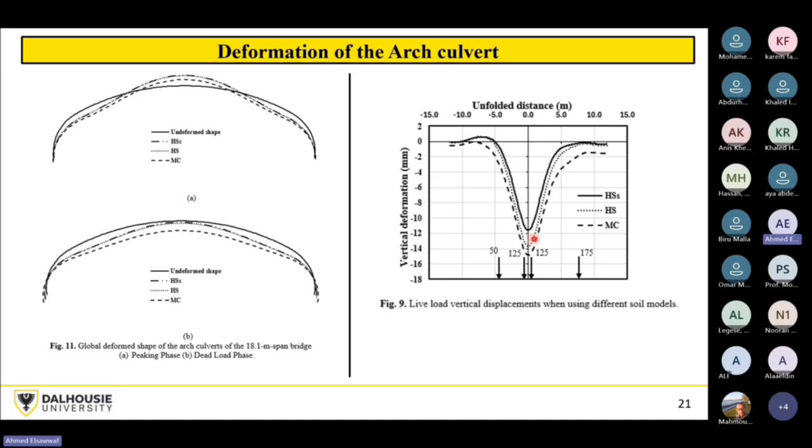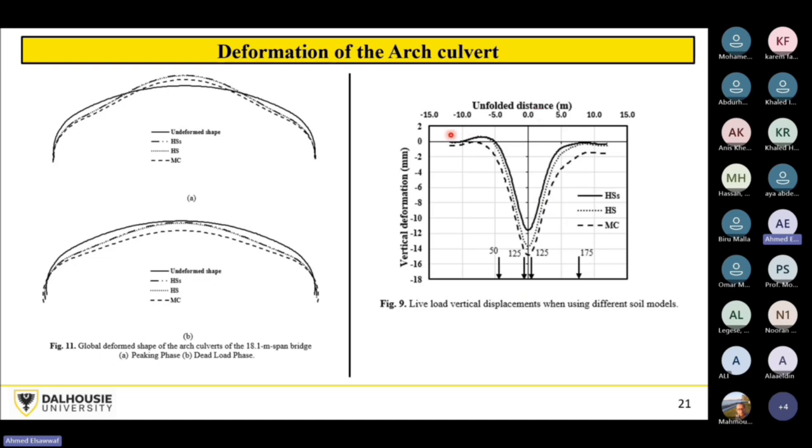Moving to the effect of the truck load. Here we have the tire loads from our truck. This is the tandem axle. I told you that that's the most critical position.